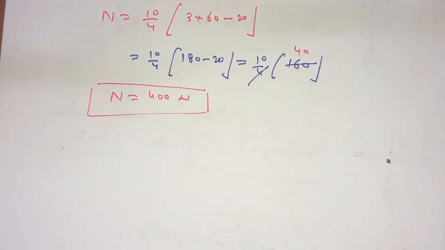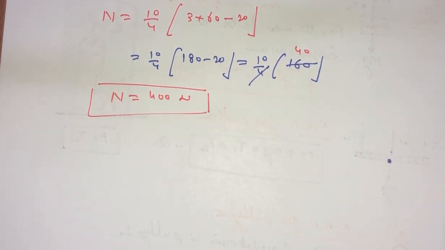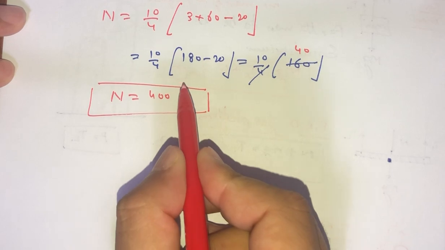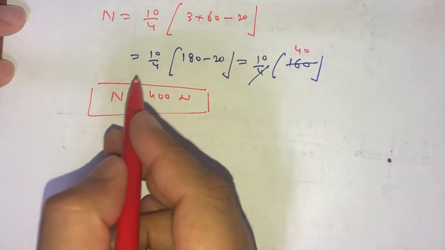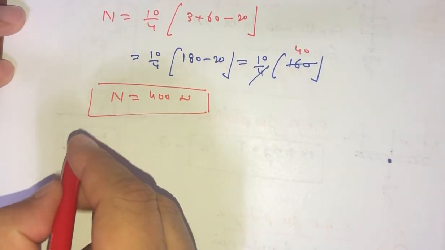It is also supposed to find out what will be the maximum weight of the platform that the man can support. Okay, so we are going to find out the maximum weight. We already derived the equation. Let me write it here.